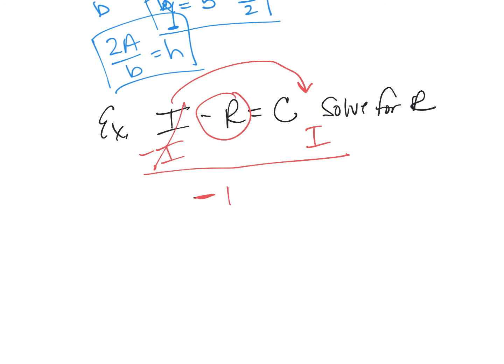So I have negative r equals c minus I, I forgot my minus sign, right. Minus I. I have to get rid of this negative 1 here. This is negative 1 times r, so undo multiplication with division. So we get r equals negative c plus I.